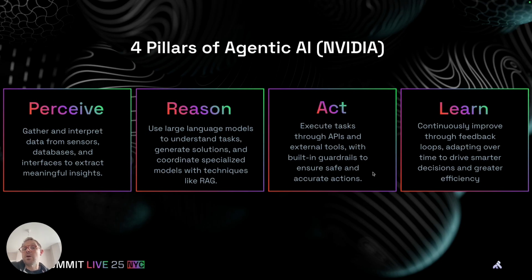It's then using large language models to reason from the data and understand the tasks and solutions that it needs to coordinate in order to solve whatever the task is that it's been given. It's then to act on those tasks, through the use of APIs or external tools with some built-in guardrails, to ensure safe and accurate actions.